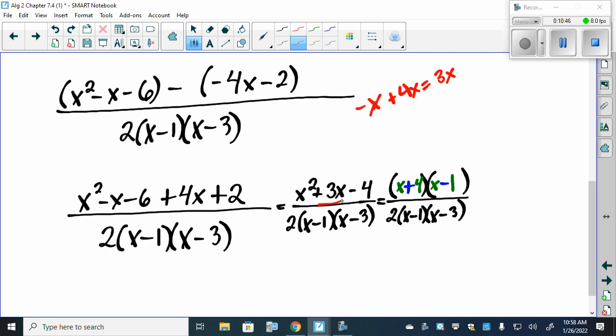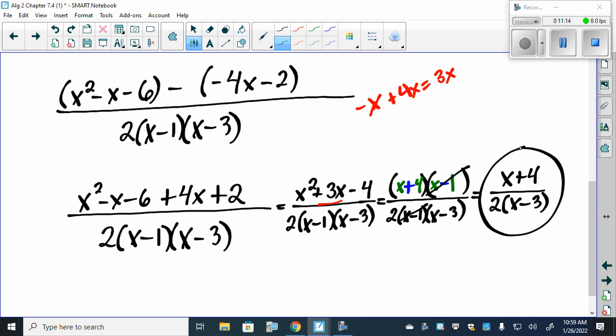Now, if the numerator does factor, we will need to factor it. But incidentally, when we factor this, what do we get on top and bottom? Yeah, x minus 1, so these here will actually cancel out, leaving us with x plus 4 over 2 times x minus 3, which is the final answer.